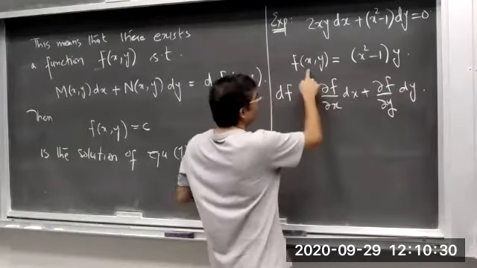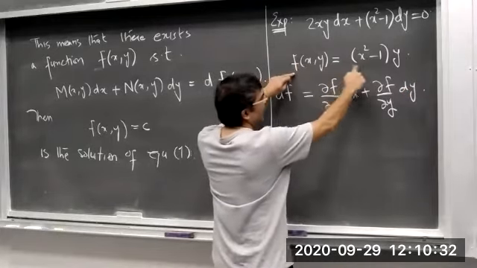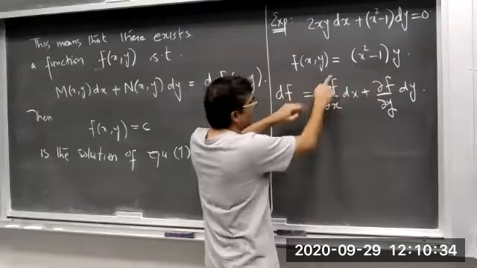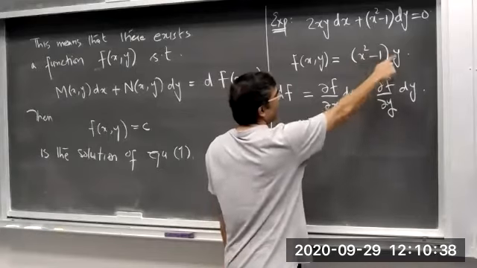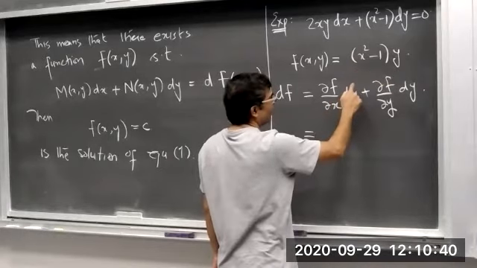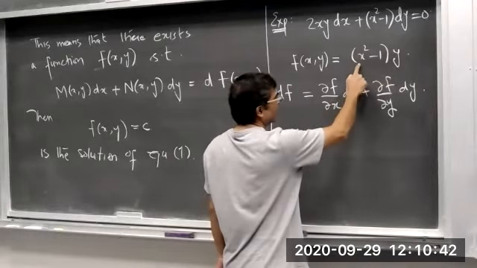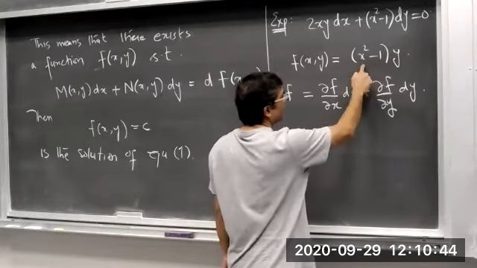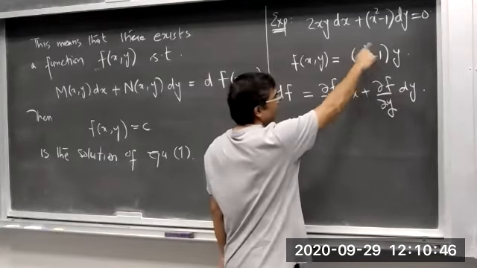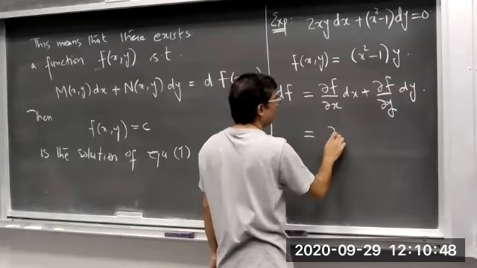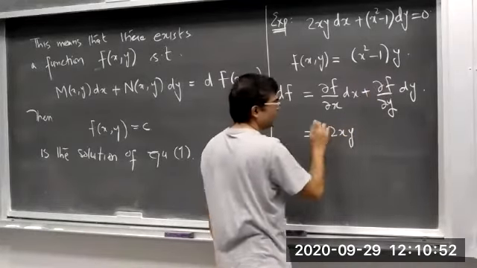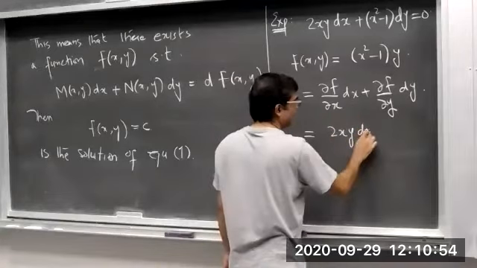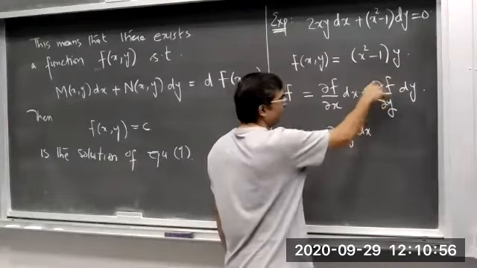Now, what is your f? This is your f of x, y, and this is your function. We need to calculate here partial f over partial x. What is the partial f over partial x here? We are taking the partial derivative with respect to x. So, the derivative of x square minus 1 is 2x, y will be treated as constant, so y comes here, along with dx, plus partial f over partial y.